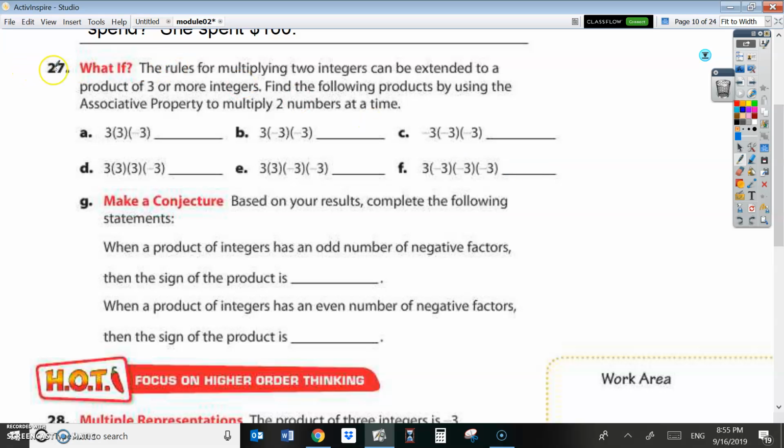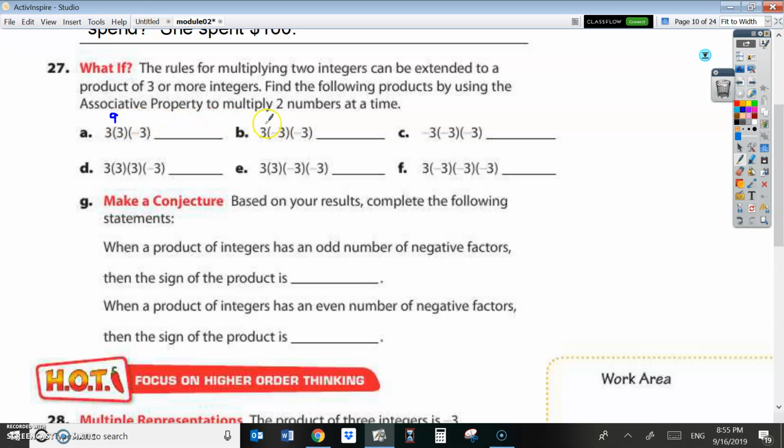Number 27. What if? The rules for multiplying integers, 2 integers, can be extended to the product of 3 or more integers. Find the following products by using the associative property to multiply 2 numbers at a time. So, multiply these 2 and you get 9. True for all of these, right?